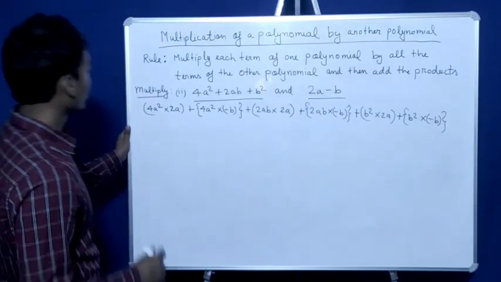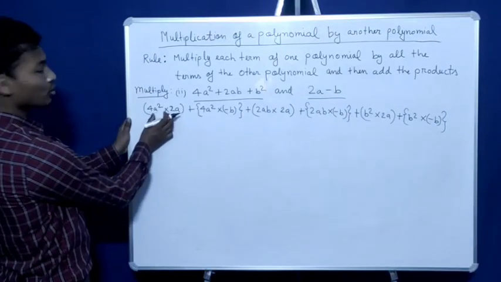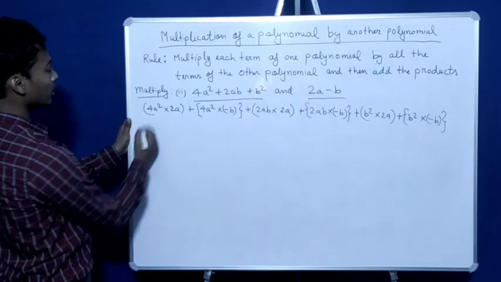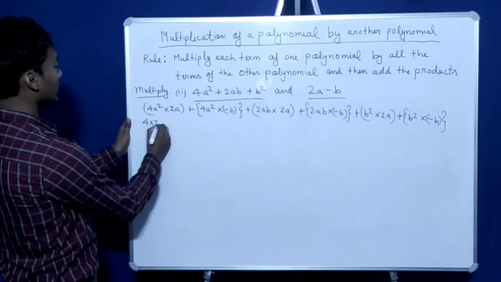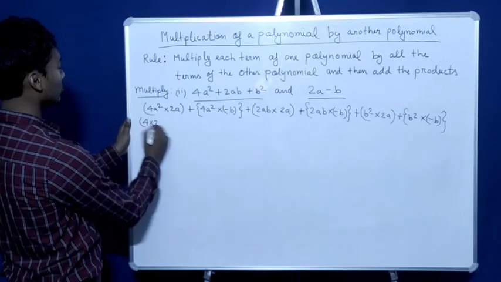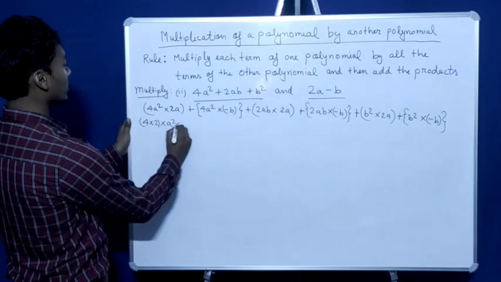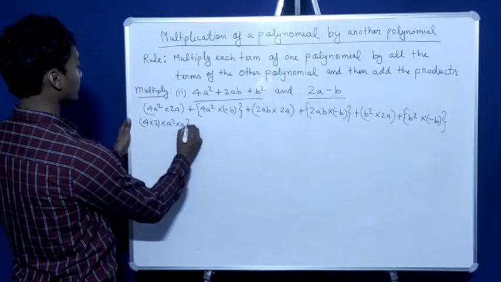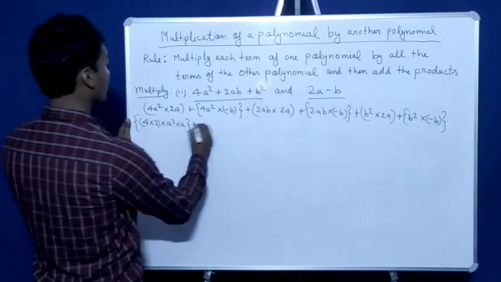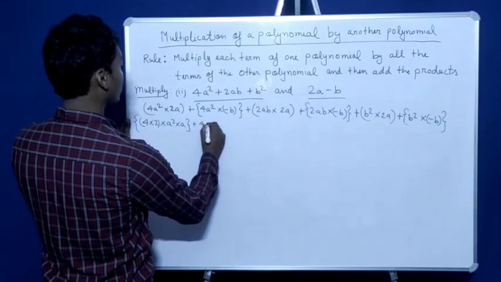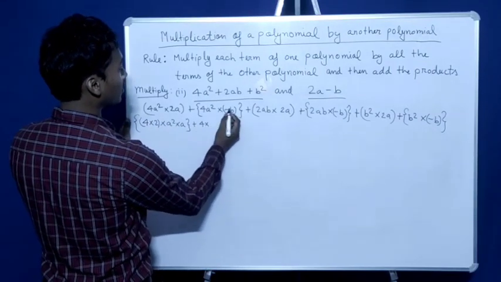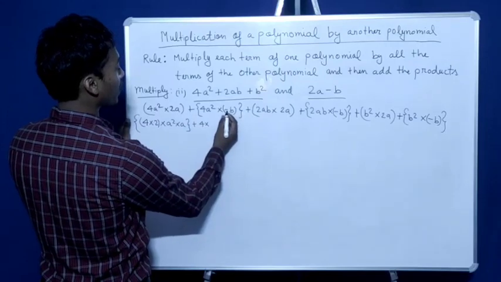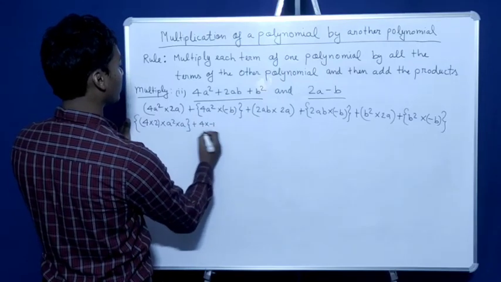Okay, now we can multiply the numerical coefficients together and the variable coefficients together. So 4 times 2 multiplied by a square times a plus 4 times, here we don't have anything, means there is 1, so minus means -1.